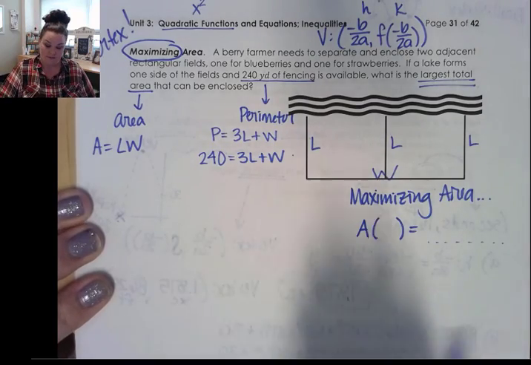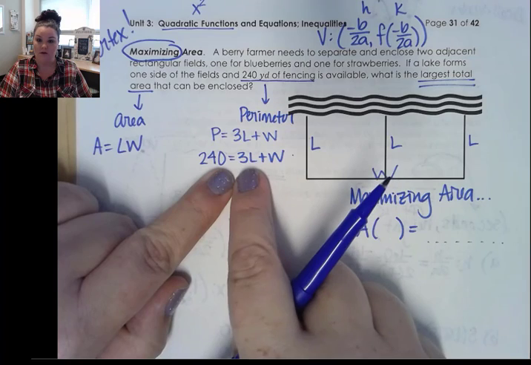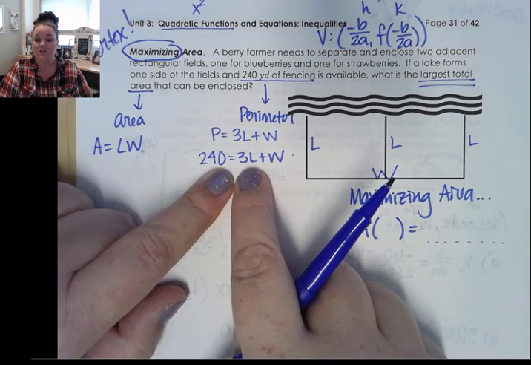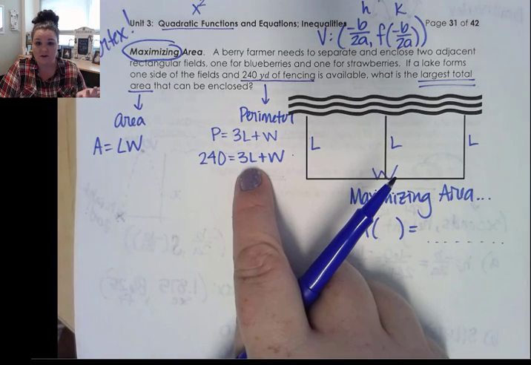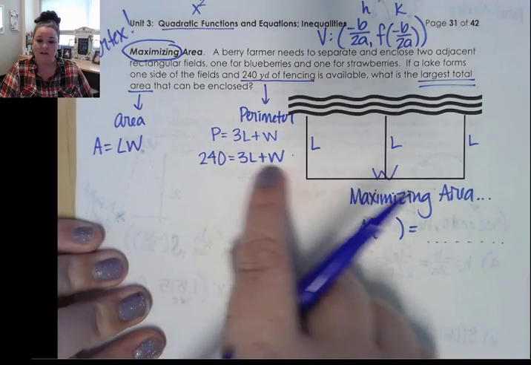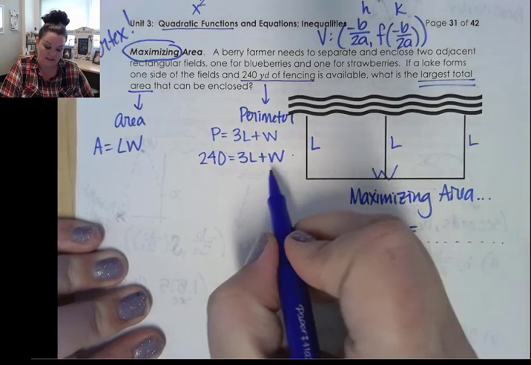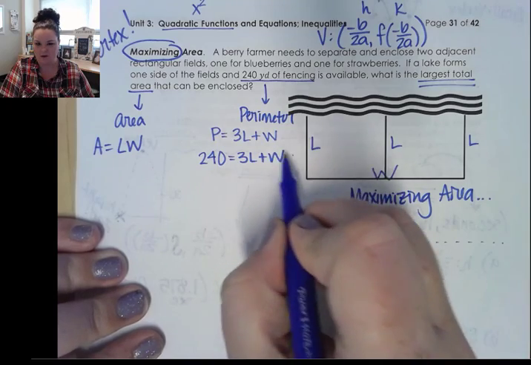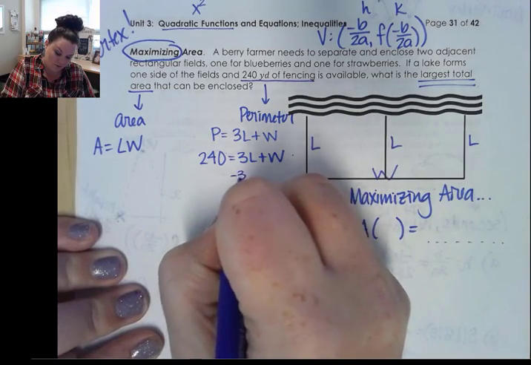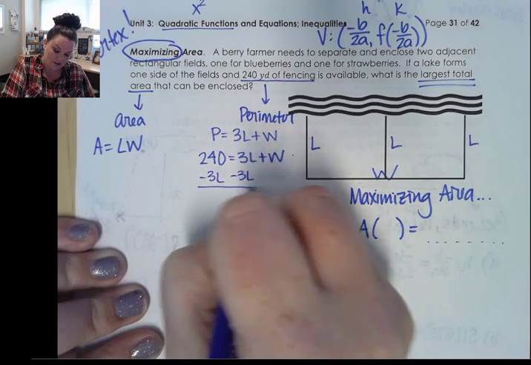So what I'm going to do is take my perimeter relationship here and solve it for either L or W, whichever one is easier to solve for, and then plug it into our area formula. If I look at my perimeter here, this one is the easiest one to solve for, W, because it's almost already by itself. All I would need to do is subtract this 3L to the other side.